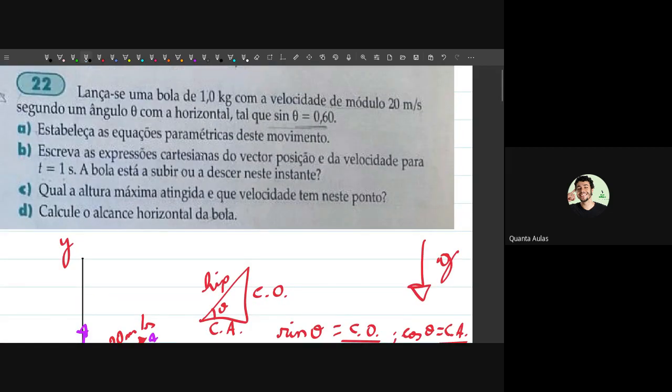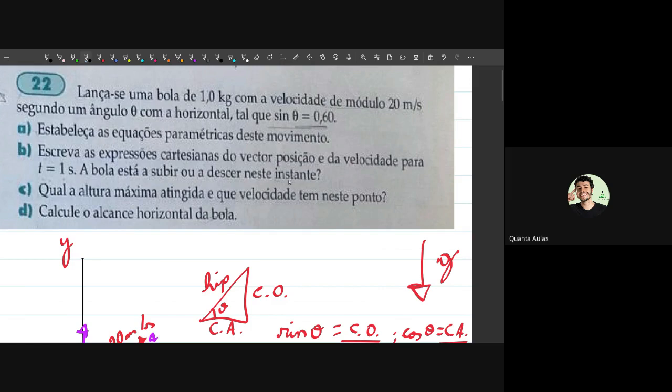Write the Cartesian expressions of the position vector and of the velocity at time equals 1 second. Is the ball going up or down at this instant?